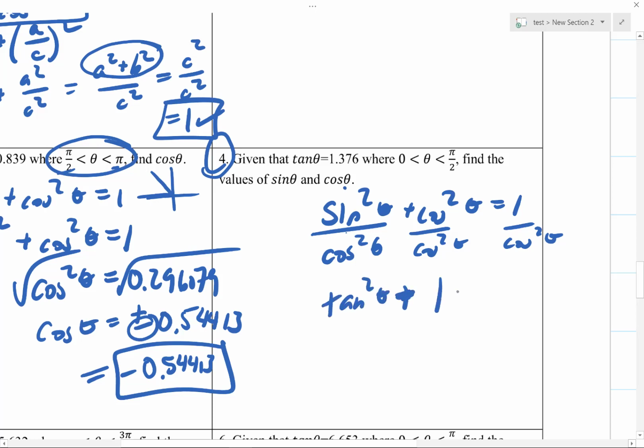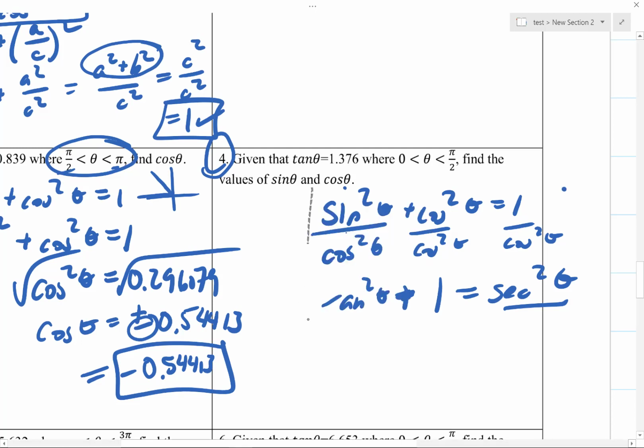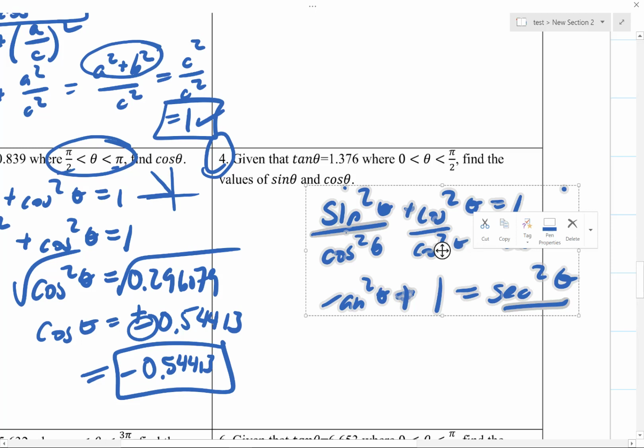Cosine squared divided by cosine squared is 1, and 1 divided by cosine squared is better known as, you know what? Okay, I was going to do it this way, and use tangent to find secant, but it's not actually my favorite way of doing this one. So instead, and we could have done the one that we just did like it too, but it was so nice that I just did it straight from the identity.